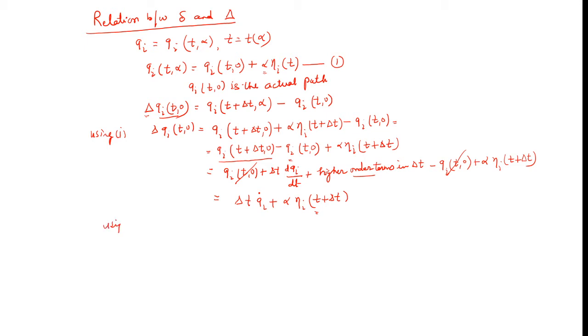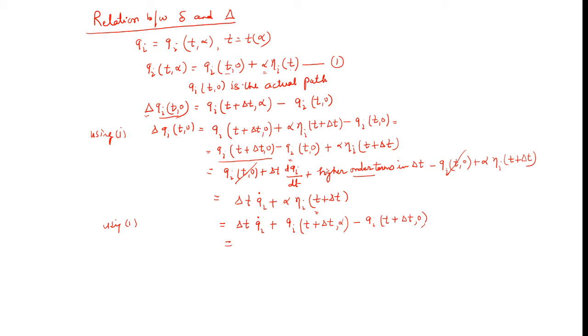Again using 1, delta t qi dot plus, if I replace t by t + delta t in 1, I'll get alpha, I'll get Qi(t + delta t, alpha) minus Qi(t + delta t, 0). I have replaced t by t + delta t in 1.